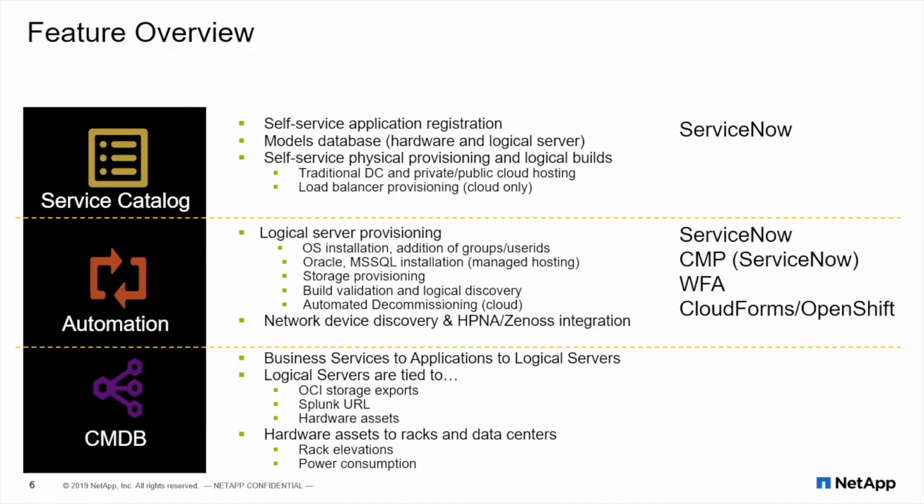So that allows us to ensure that any piece of physical infrastructure that we represent in our CMDB has a common profile. So anytime you look at a blade, it has the same characteristics. So we leveraged the models database from our initial implementation.